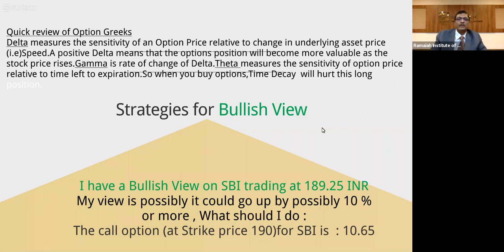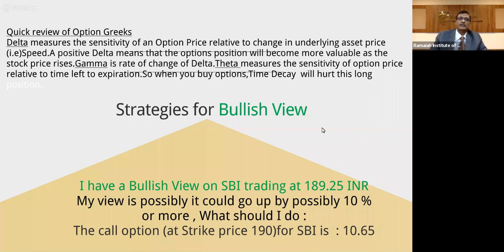Having spoken about calls and puts, we also said we'll do a quick review of the option Greeks, which point out the sensitivity of the option. Just to revise, the first Greek that we are aware of is known as delta, and delta measures the sensitivity of an option price to the change in the underlying asset price.